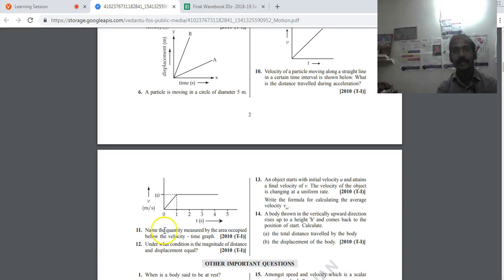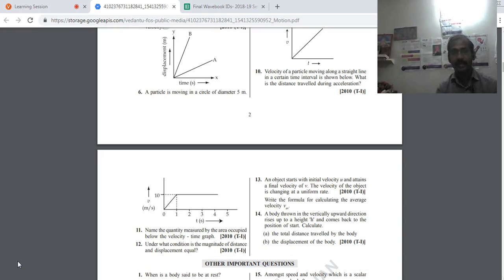11th one. Name the quantity measured by the area occupied below velocity time graph. Not necessarily below, generally velocity time graph. Name the quantity, which means name the physical parameter.